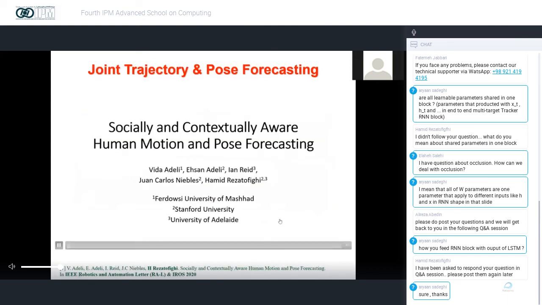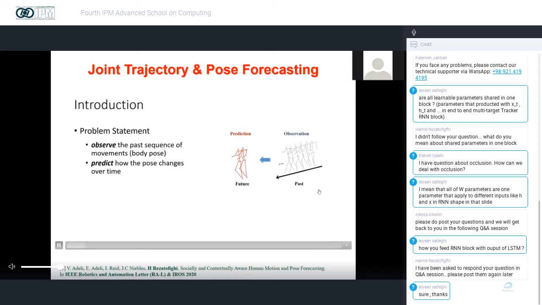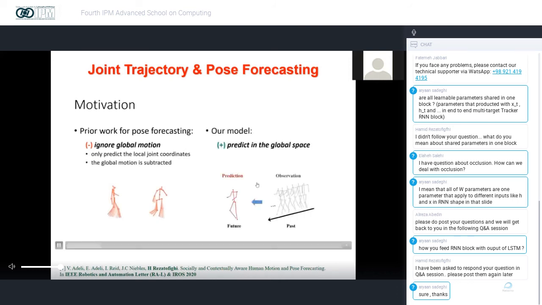This is the paper we had, again with the Stanford team, and in that paper we try to do human skeleton pose forecasting, but not in the way currently formulated in the community, where most papers care only about human body posture without the absolute global motion.